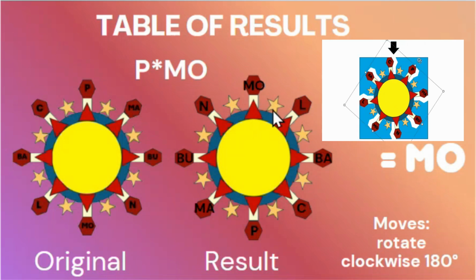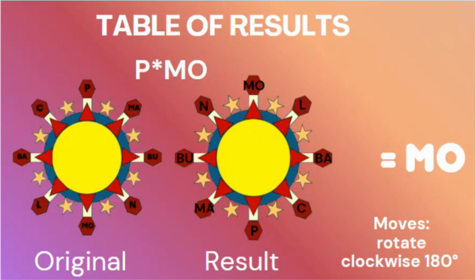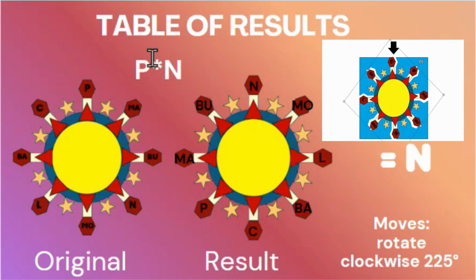We need to rotate it clockwise 180 degrees. So the result will be MO. And then next, P star N. We need to rotate it clockwise 225 degrees. So the result is N.